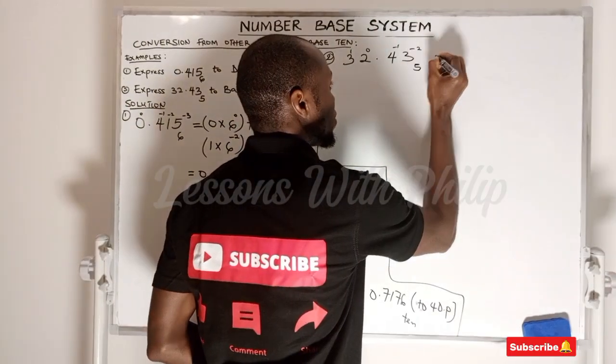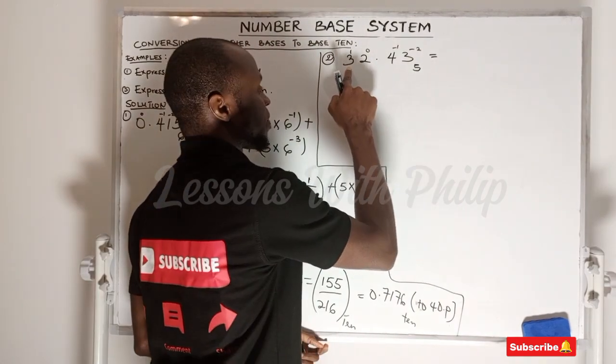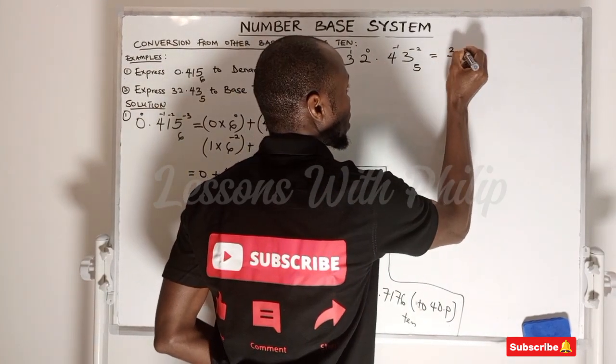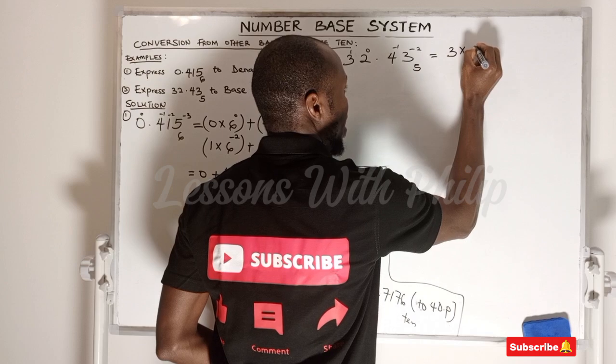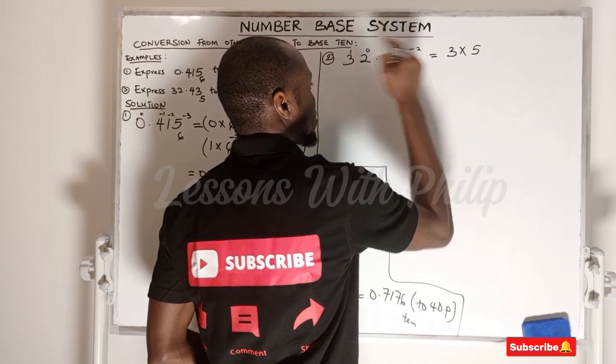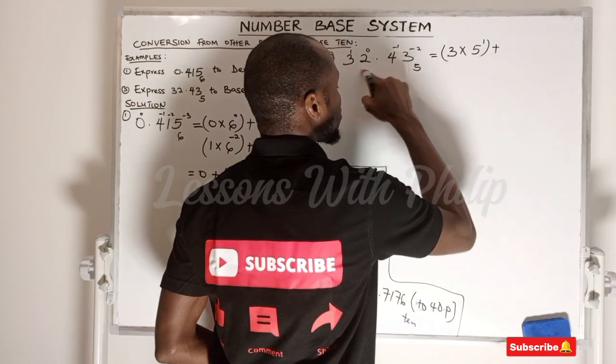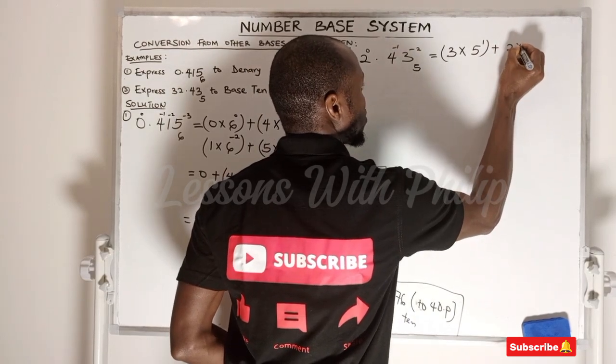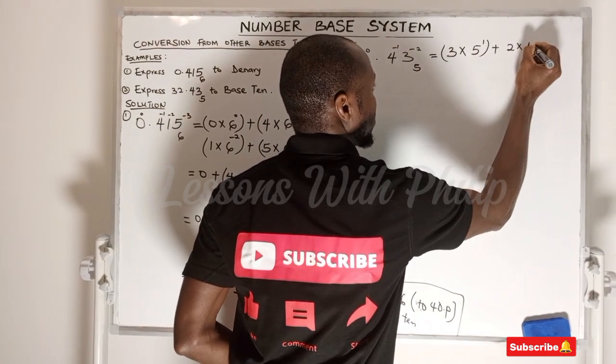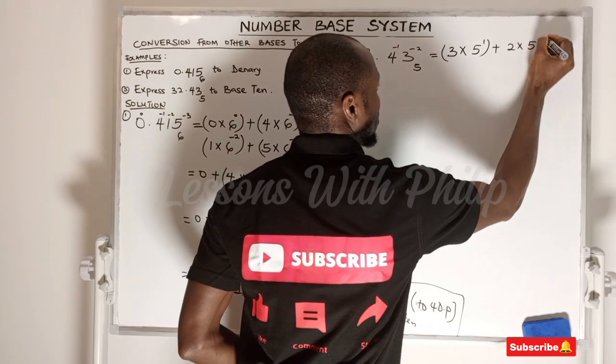So now we start from 3. That will be 3 times, what is the base? Base 5, and what is the power? 1. Plus the next one is 2. That is 2 times base 5, what is the power? 0.